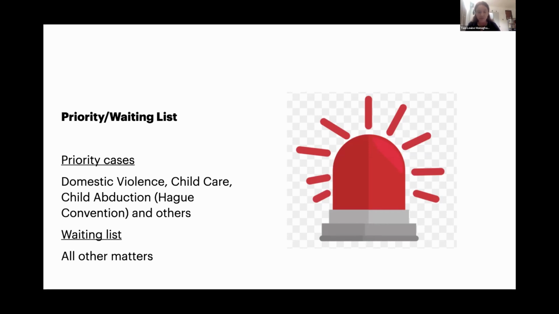Childcare, so the children being brought into care on interim care orders, emergency care orders, or supervision orders. Child abduction proceedings under the Hague Convention, so applications there would be children being brought into Ireland from abroad by a parent or being removed.